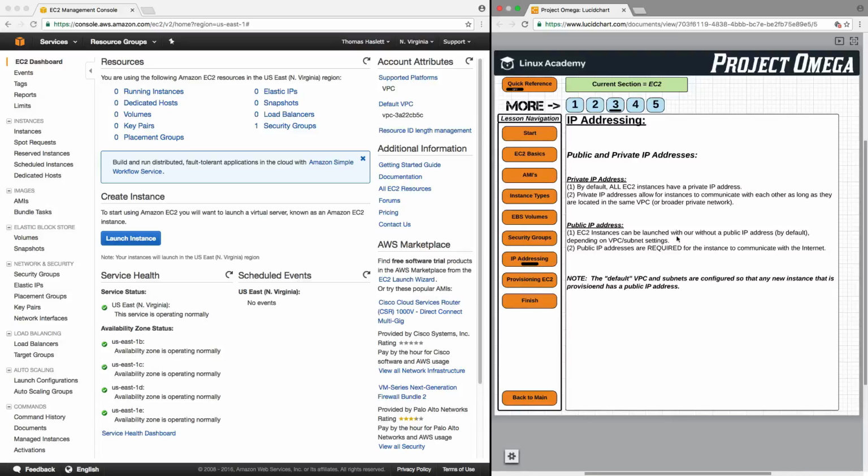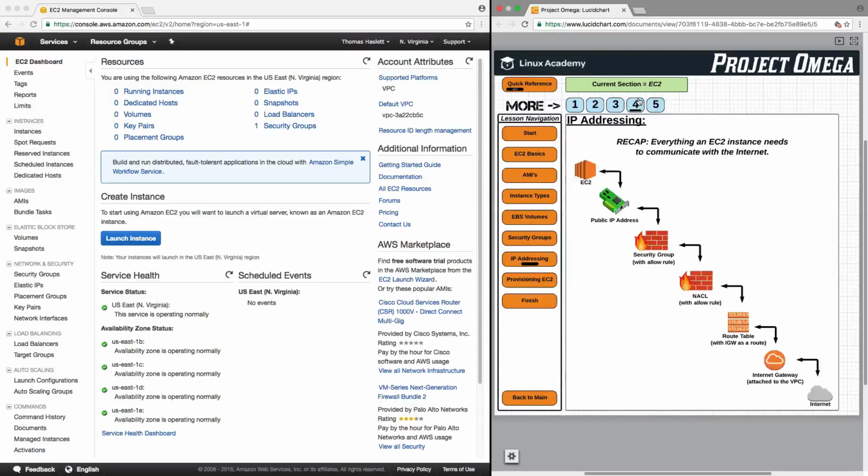So that is very important. If you want your instance to be able to communicate outside of your VPC, it must have a public IP address. As another side note, the default VPC and subnets are configured so that any new instance that is provisioned has a public IP address. So that is the default for EC2 instances out of the box, as long as you're using the default VPC.